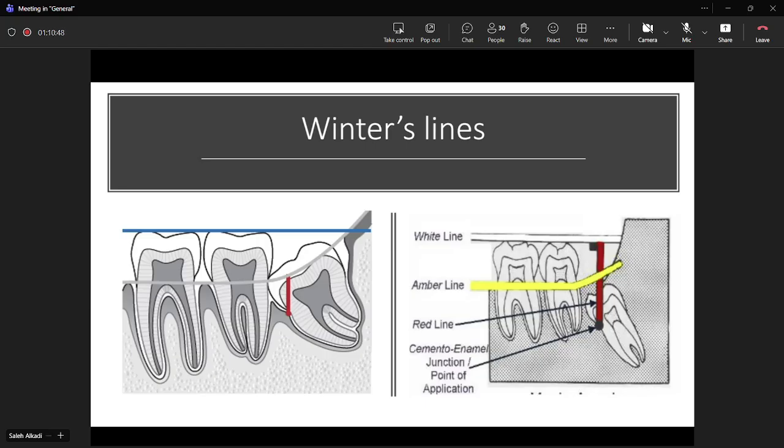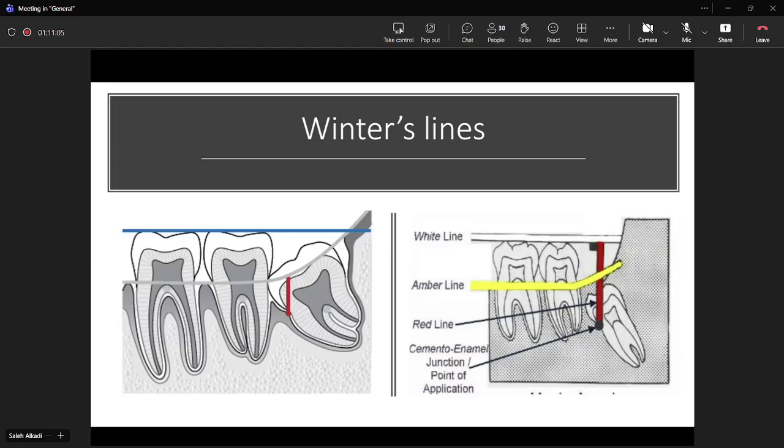It's not recommended to remove this wisdom tooth under local anesthesia. If it's below 5 millimeter, then it's okay to remove under local anesthesia.